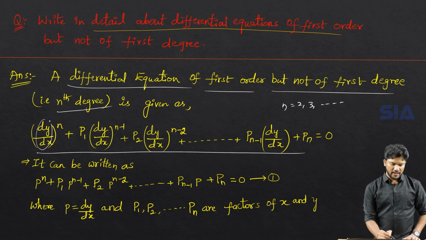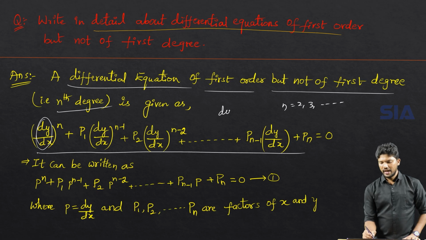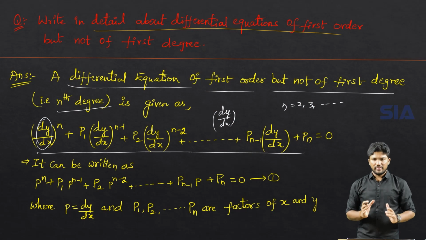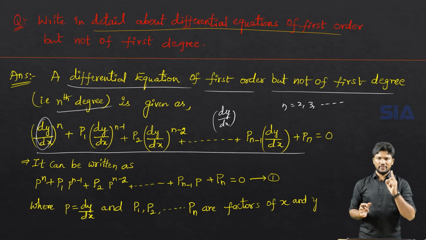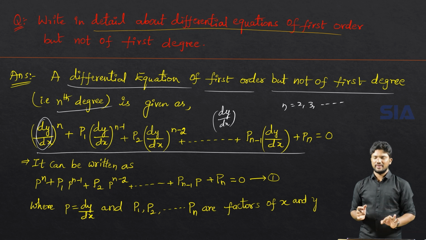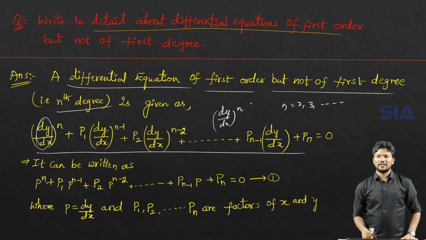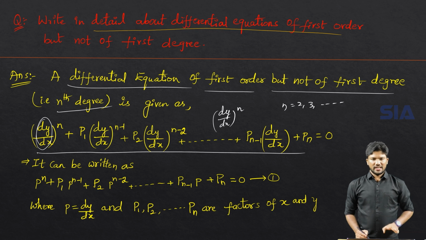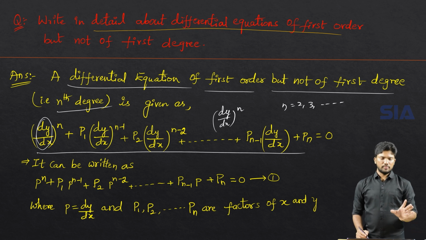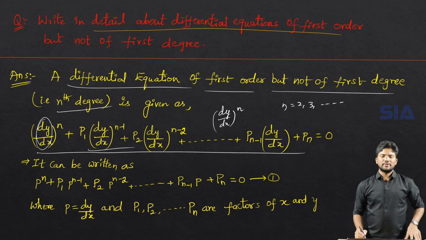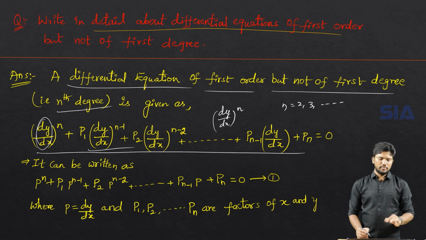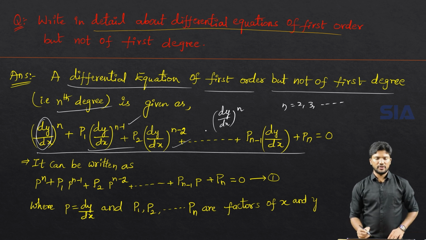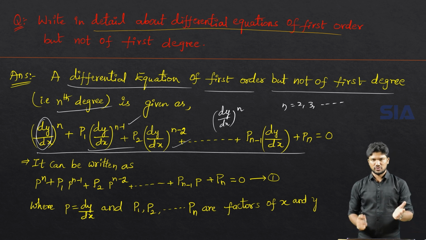Here you can observe the highest order derivative is dy/dx, only the first derivative. The exponent is n, so we call it an nth degree differential equation. Therefore, (dy/dx)^n plus P1 (dy/dx)^(n-1) plus P2 (dy/dx)^(n-2) and so on.